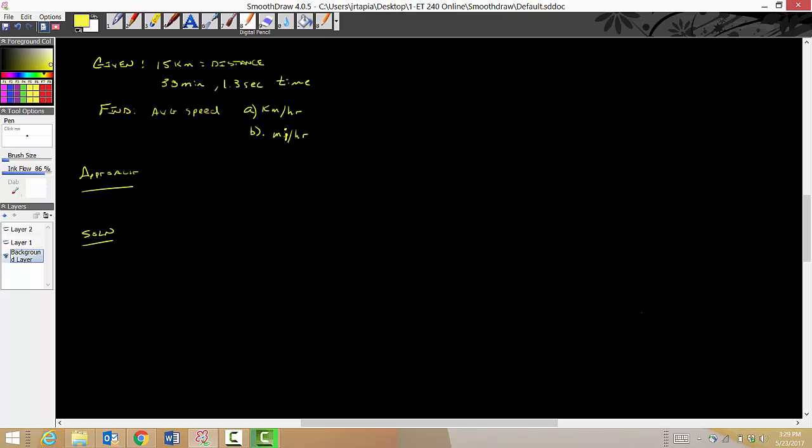So when you look at this, you're looking at your approach. We want to think of our homogeneity and our units. And so when we're going in to solve this, if we're going to do part A, we're going to say, okay, our speed is equal to 15 kilometers over, now when we convert our time, we have 1.3 seconds.